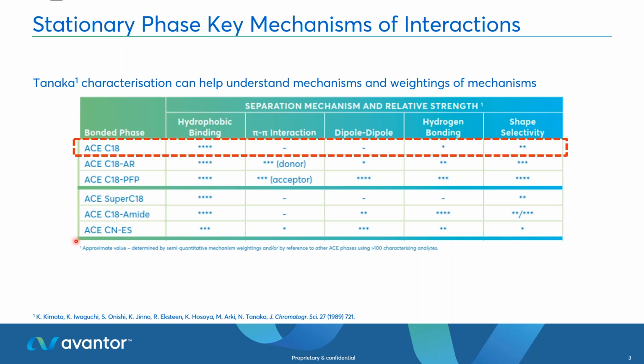If everything is on a line, if it's a good match, then your columns have the same selectivity. If you have a really wide scatter plot, then your columns are very different because they're giving you different retention of your compounds. And those are the columns you want to choose for method development. So things that are very different from one another under the same conditions.